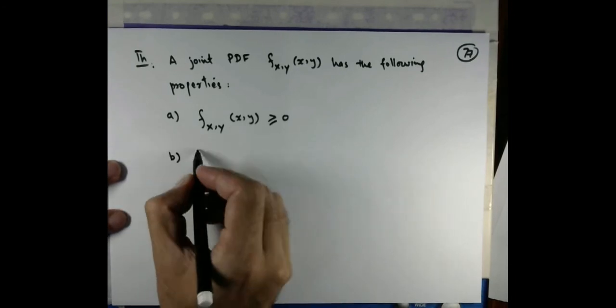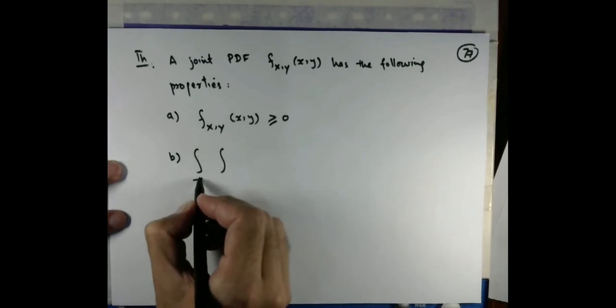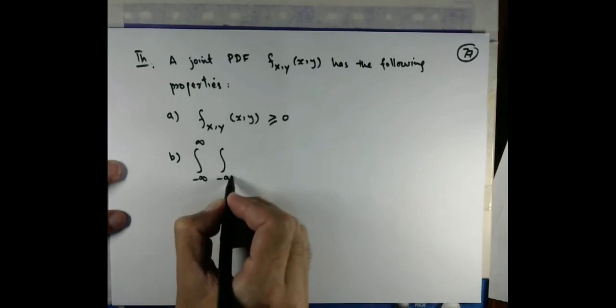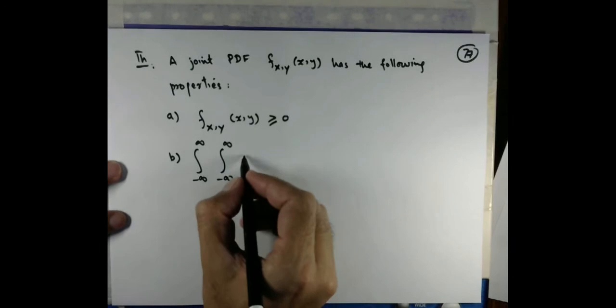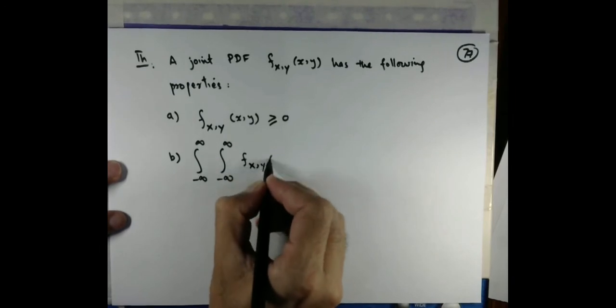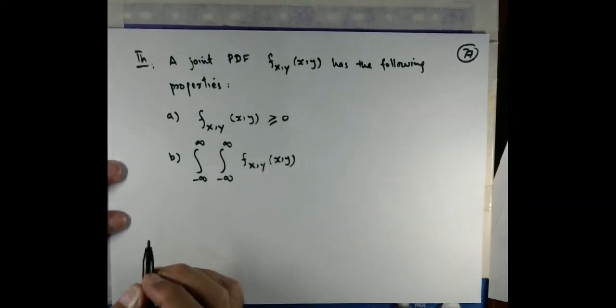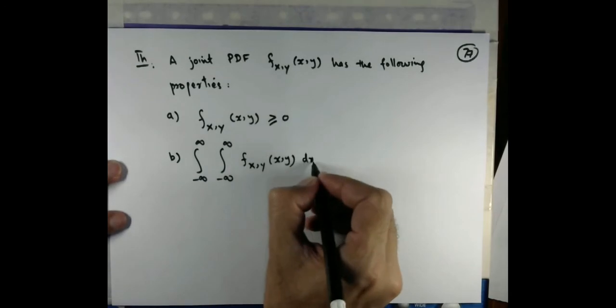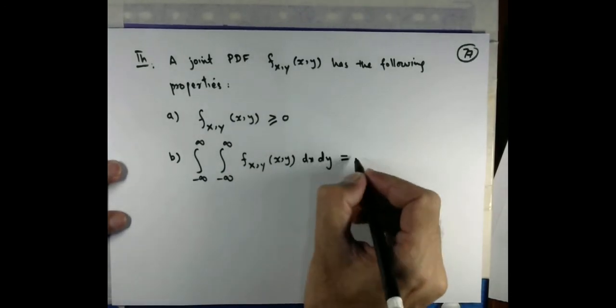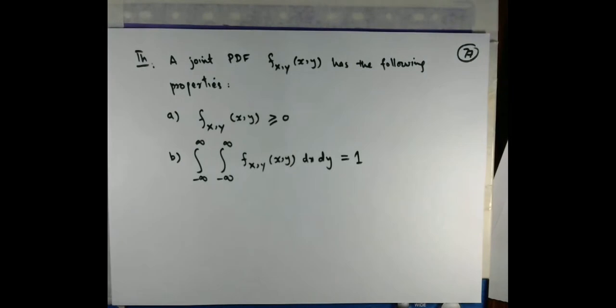And secondly, if you integrate on both x and y axes the joint PDF of x and y, this should give you 1, which means the total area in terms of probabilities is equal to 1.